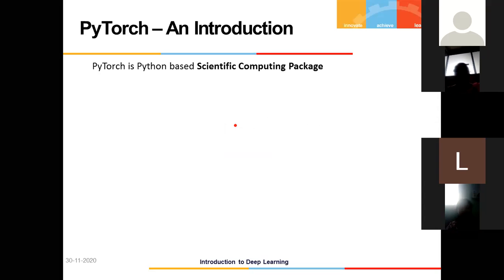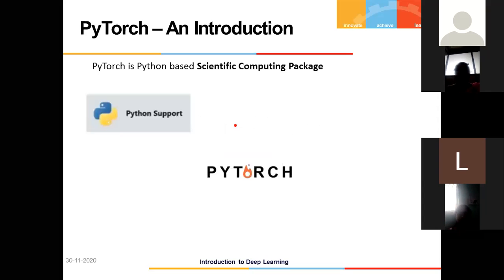It is a Python based scientific computing package, and the simple reason for using PyTorch is that it is designed using Python. So Python is the base for PyTorch. It is easy for all those who are very good in Python.